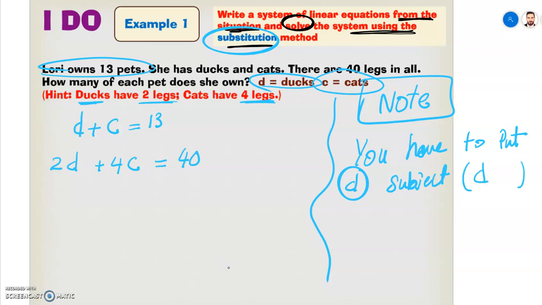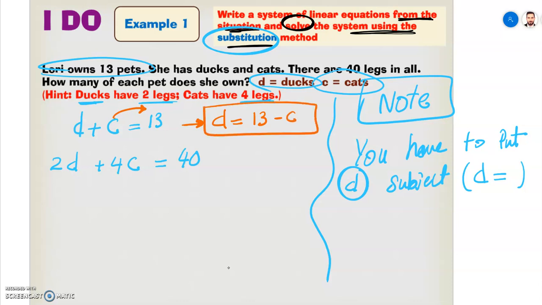So D equals, and I have to push and switch C to the right hand side, so now the equation will be D equals 13 minus C.